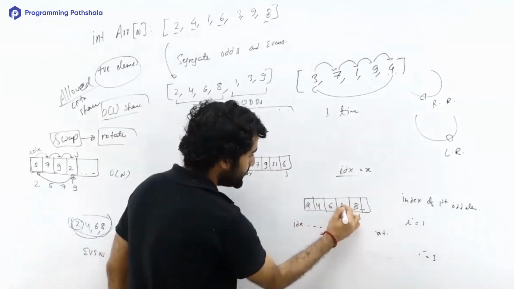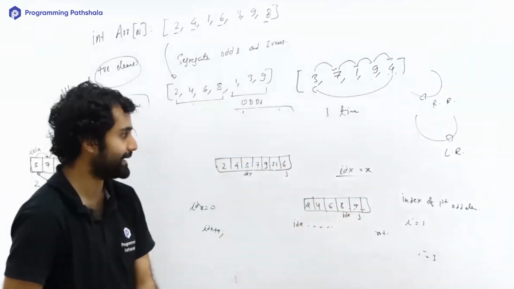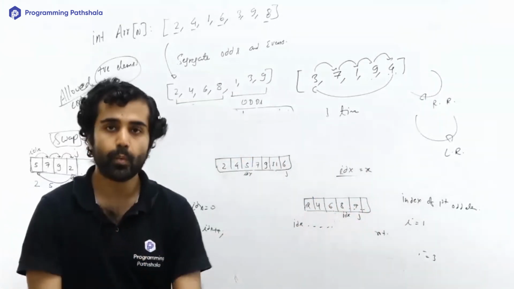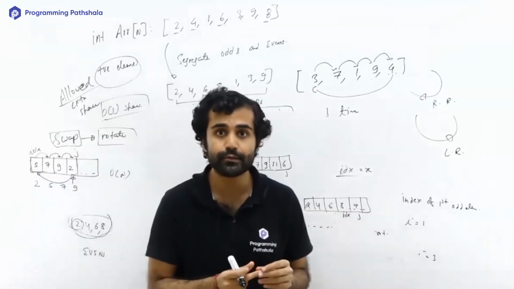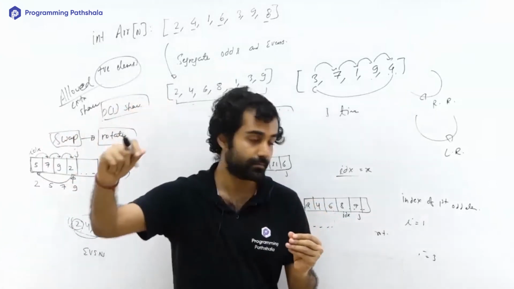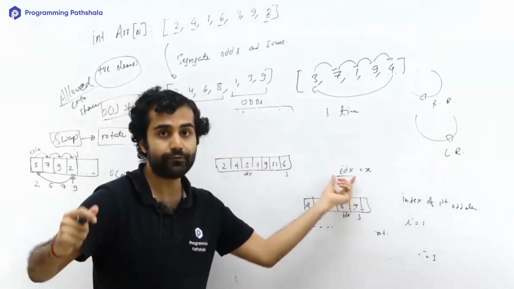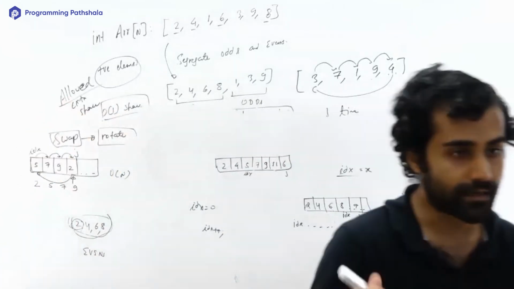That way 8 comes here and 7 goes there, and then you update your idx to idx plus plus. So this is one thing that you need to take care of. Okay, there are several other ways also to do it, but this is one way, that you first calculate the appropriate value of idx. Just scan through the array and find the first odd element. Okay, does that make sense?